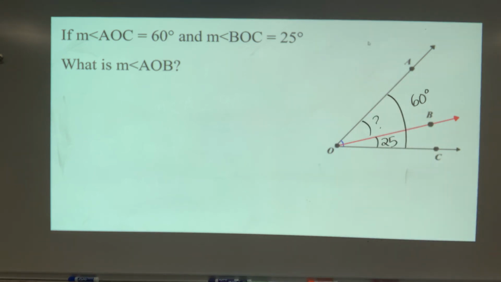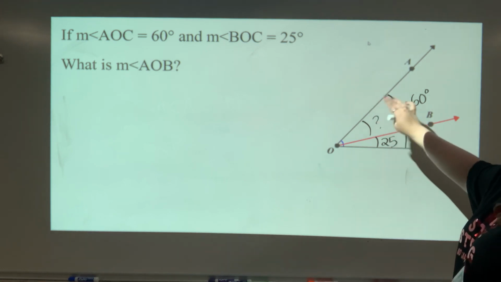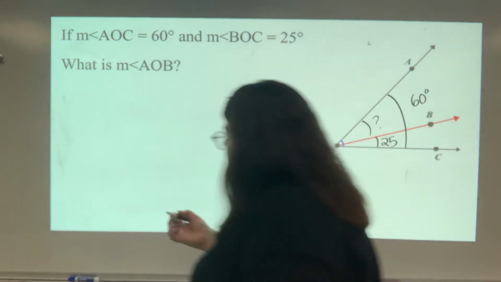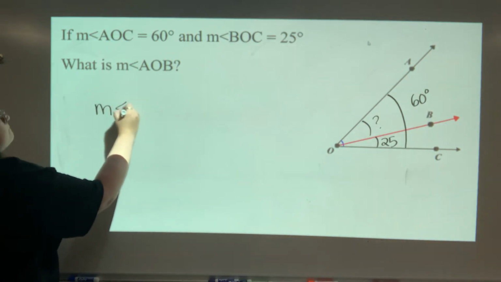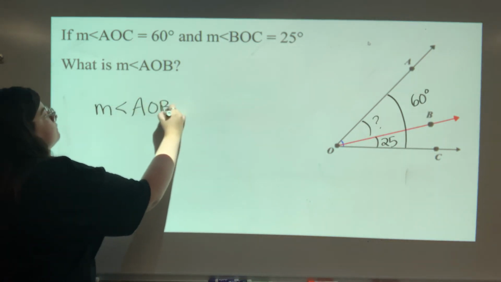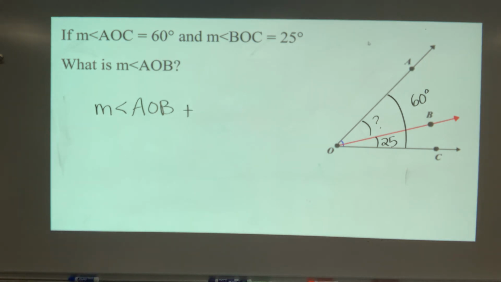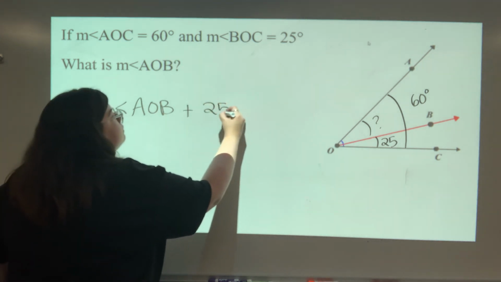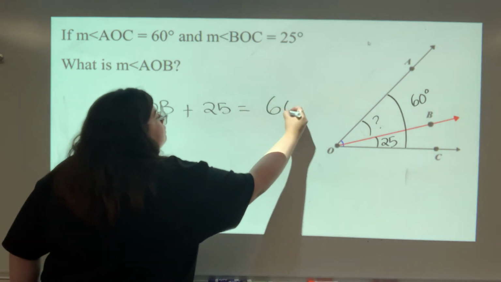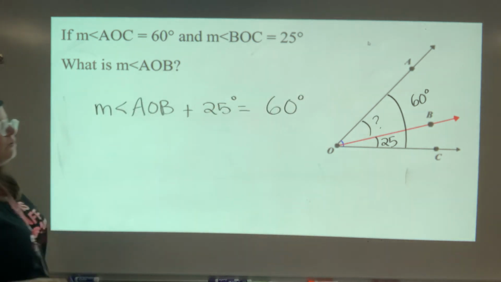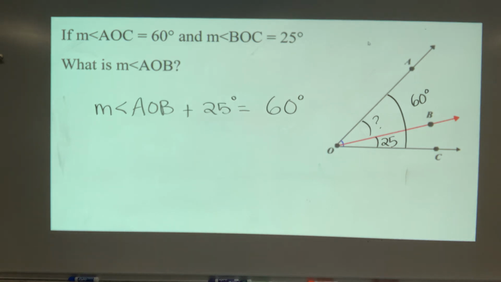Again, you can set up an equation by just saying, let this be the measure of AOB, plus 25, the other part of your angle, has to be equal to 60. That is the entire angle, okay?